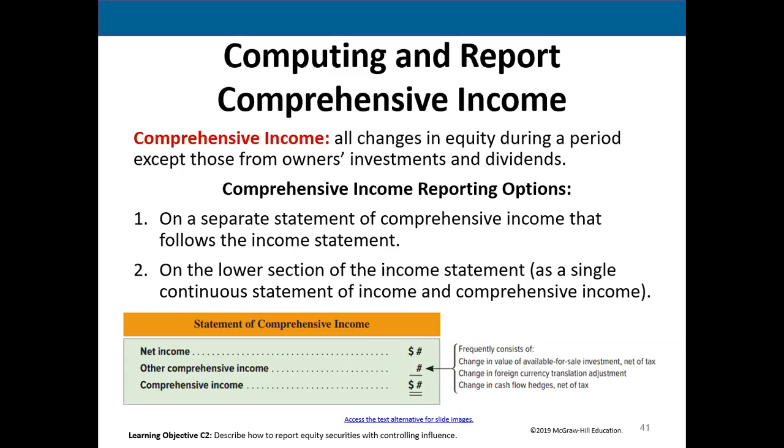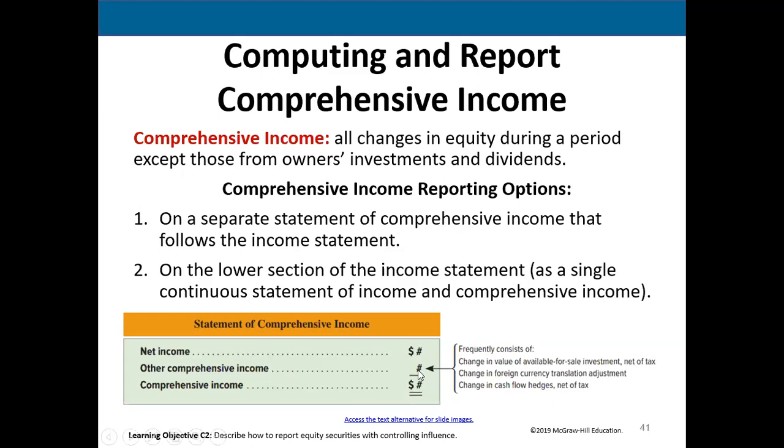When we have an unrealized gain or loss from an available for sale debt security, that unrealized gain or loss would be either added, if it's an unrealized gain, or subtracted from net income to determine the overall comprehensive income of the corporation.